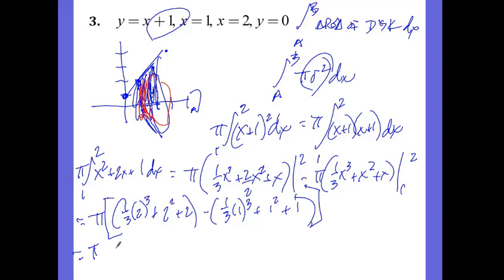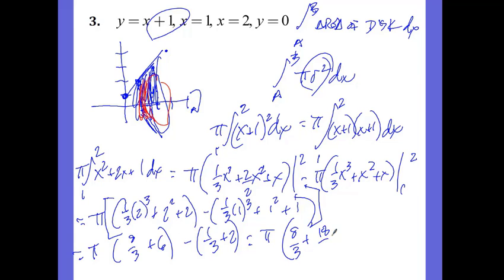And you get pi times 8/3 plus 4 plus 2, which is 6, minus 1/3 plus 1 plus 1, which is going to be 8/3 plus 18/3, because that's what 6 is, minus 1/3. Let's go ahead and just distribute this here.